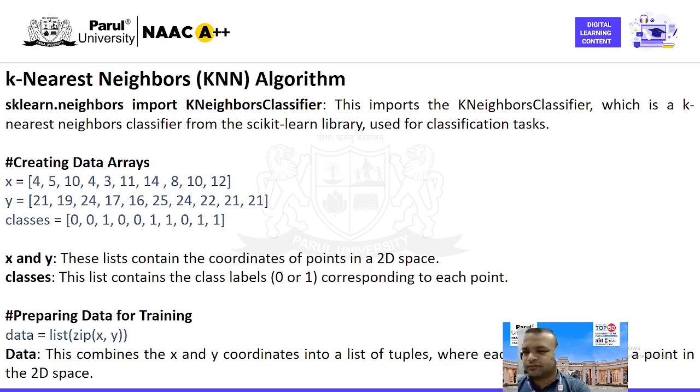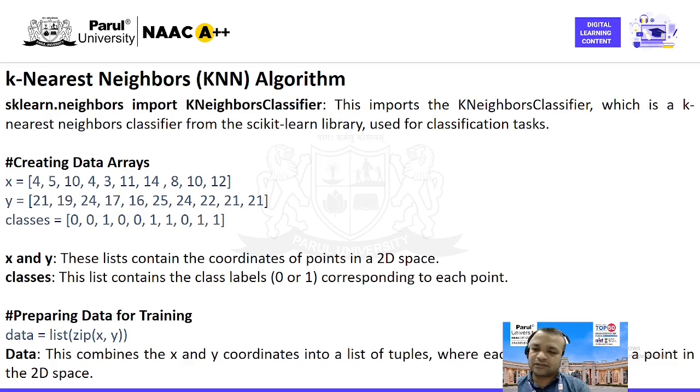Okay, next thing is creating data arrays. Whenever you want to import data from outside sources, you can do this, but here we create the data array. We use X and Y variables. What is this actually? This is a list container, you can say.